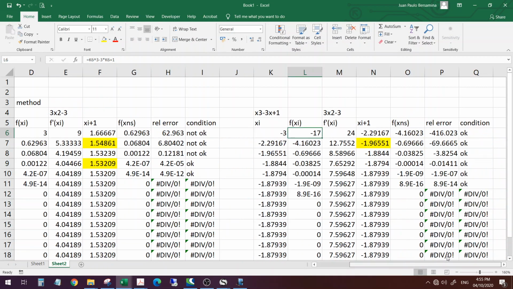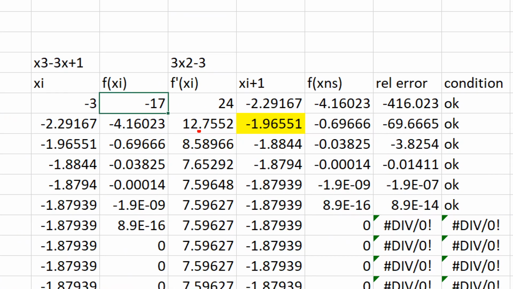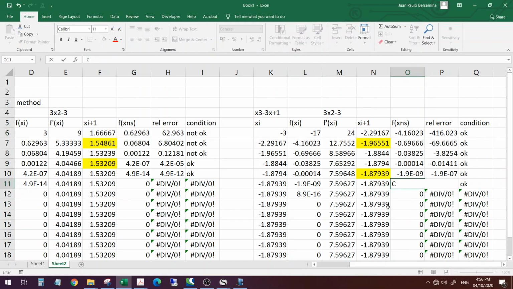Now you will see that the x wherein f of x is near 0 is around here. So that is -1.8794. Okay, so that's our last root, which is -1.879.